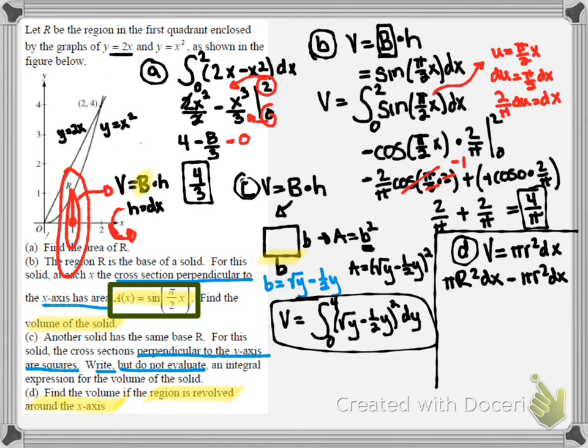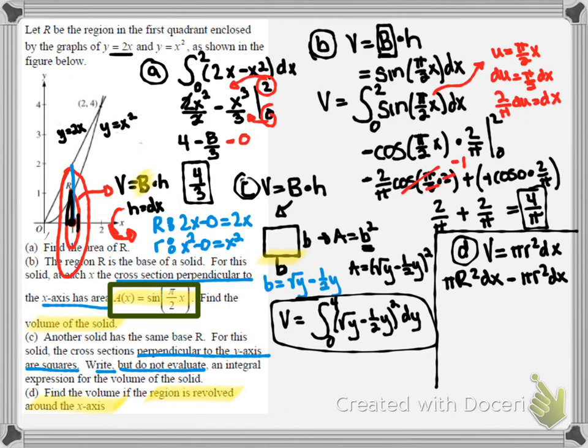So in this case, big R is going to start at my center and go all the way up. So it's going to be the top curve, which is 2x, minus the bottom curve, which is 0. Little r is going to start at the center and go to the smallest one. So that's going to be x squared minus 0, or x squared.